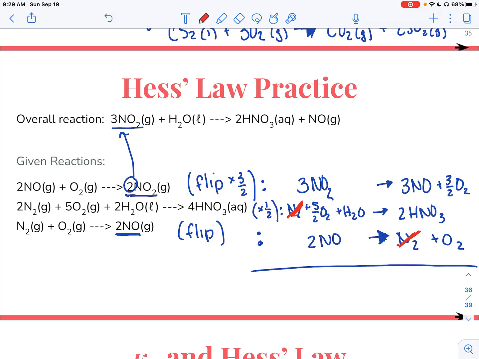So all of those will cancel. We got our 5 halves before the arrow and then our 5 halves after the arrow. And then lastly, we have 2NO here and 3NO here. So this will go away completely, and this will become a 1.